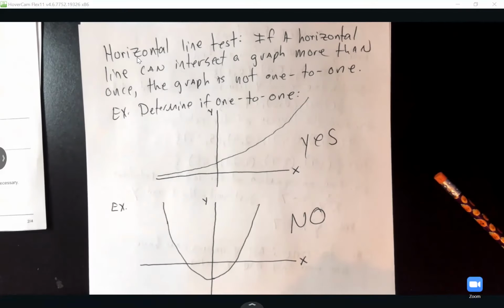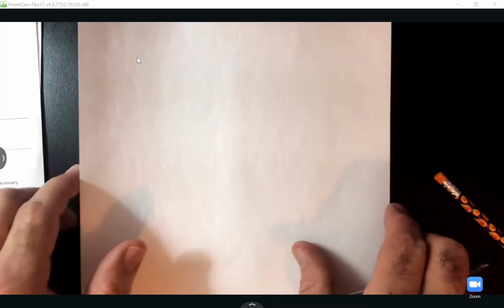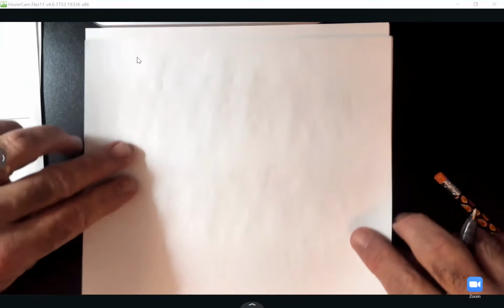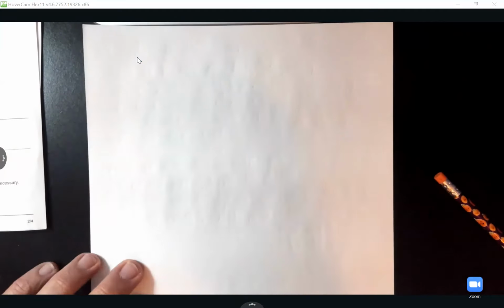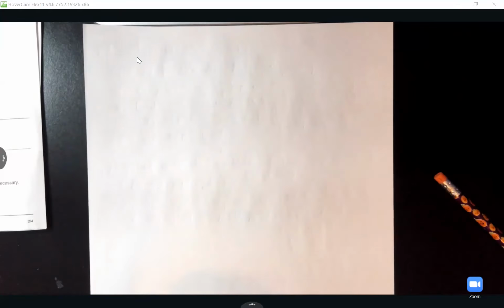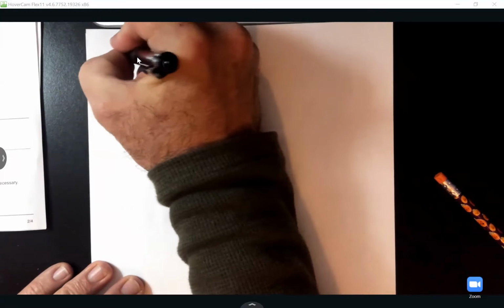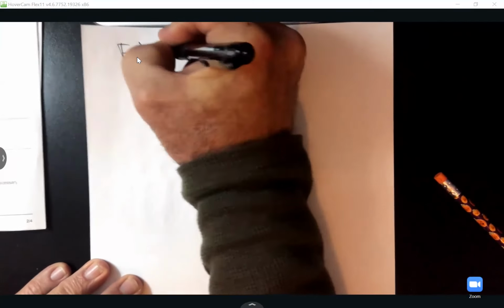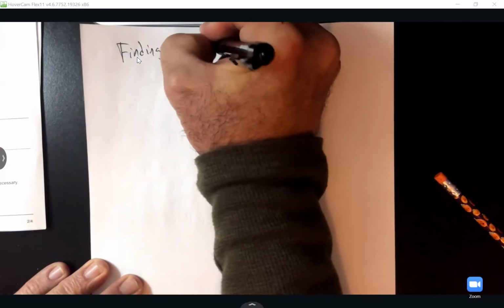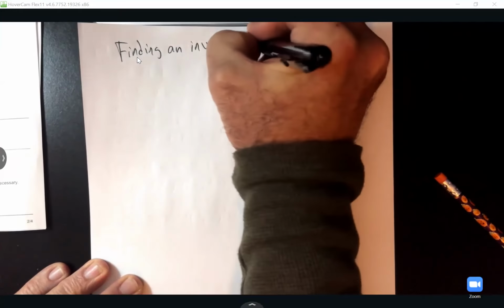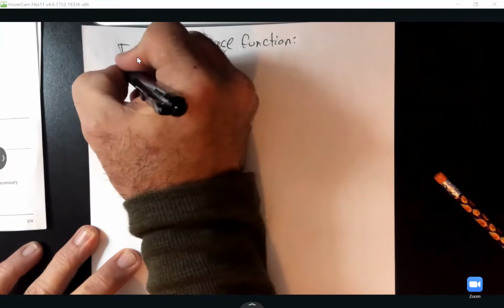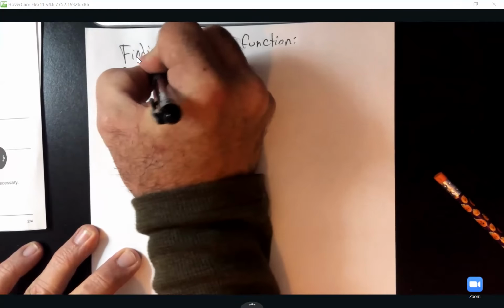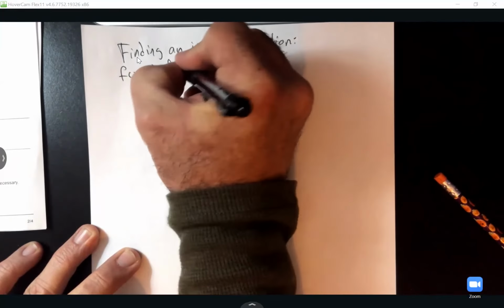All righty, y'all. So let's get into the gist of today. So the big thing for 9.2 is finding an inverse function. So remember, f of x is my function notation.